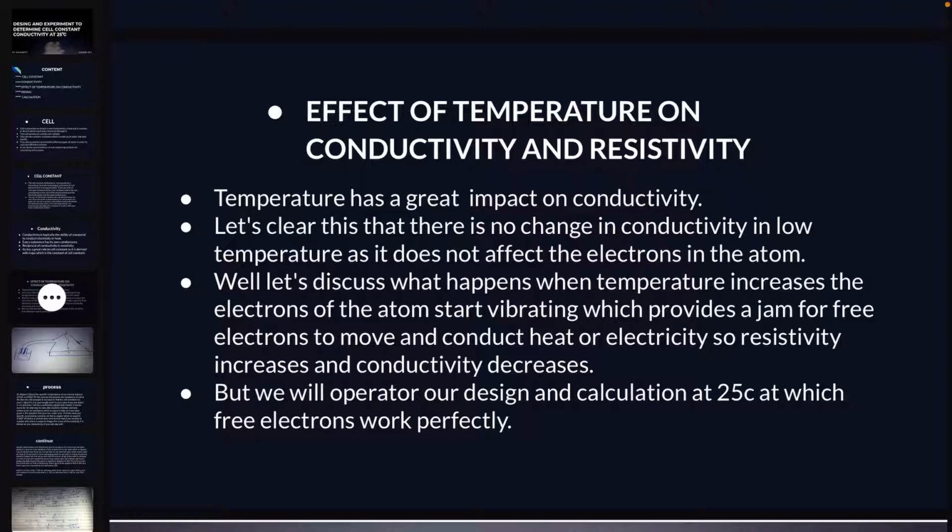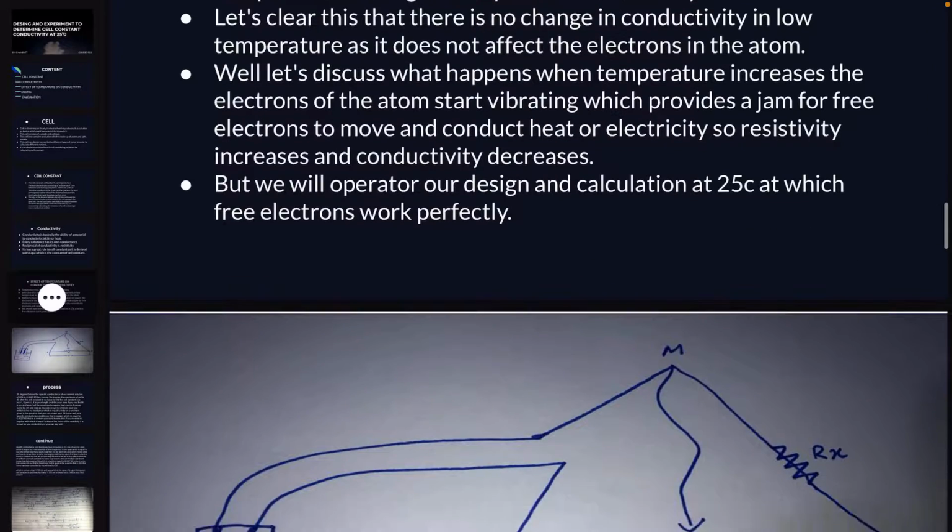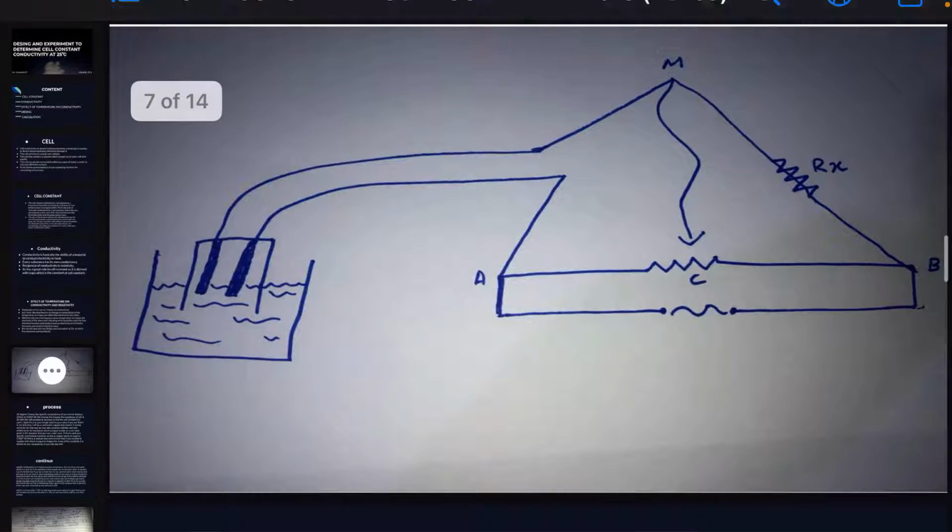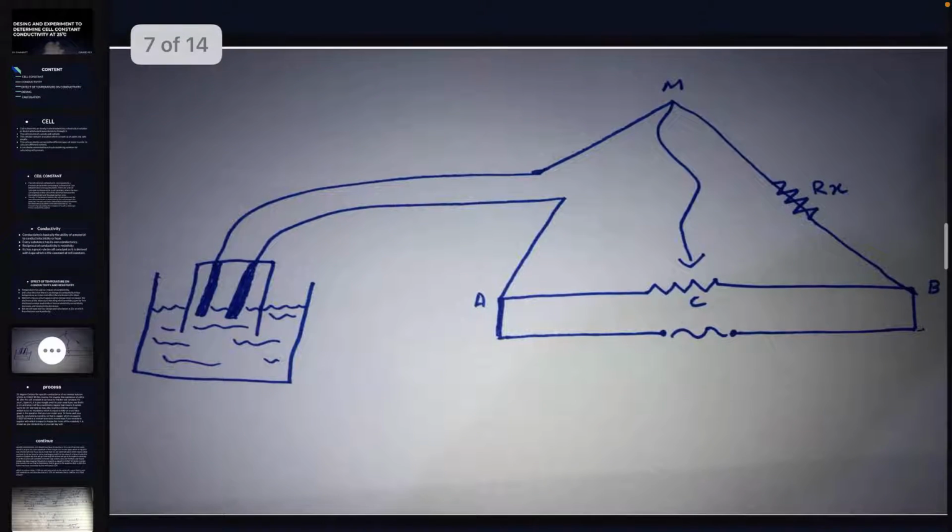So high temperature has a great bad impact on conductivity, whereas at low temperature it does not affect it that much, because the electrons remain simple and do not usually get free, so that's not a mess for them. We will operate our design at 25 Celsius, at which free electrons work perfectly.